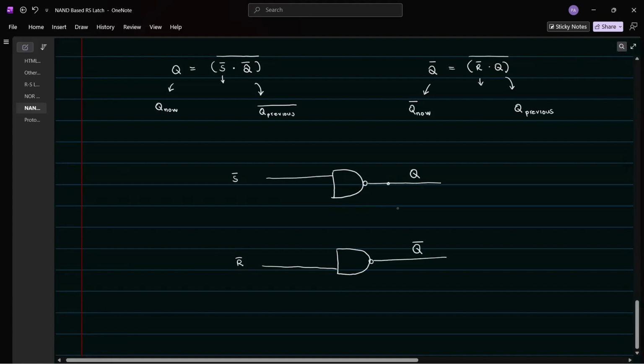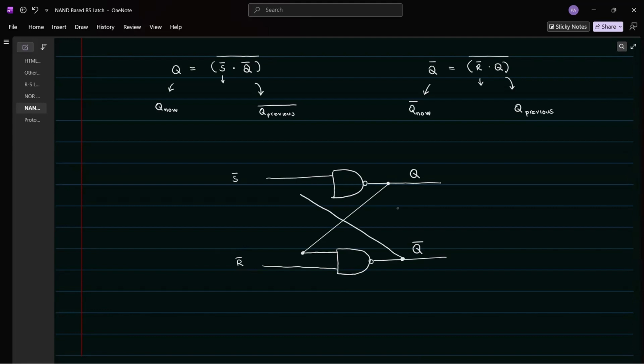Q will be sent through the NAND gate along with R bar, and Q bar will be sent through a NAND gate along with S bar. Finally, we will have the RS latch using only NAND gates. This is how you draw the circuit for an RS latch using only NAND gates.